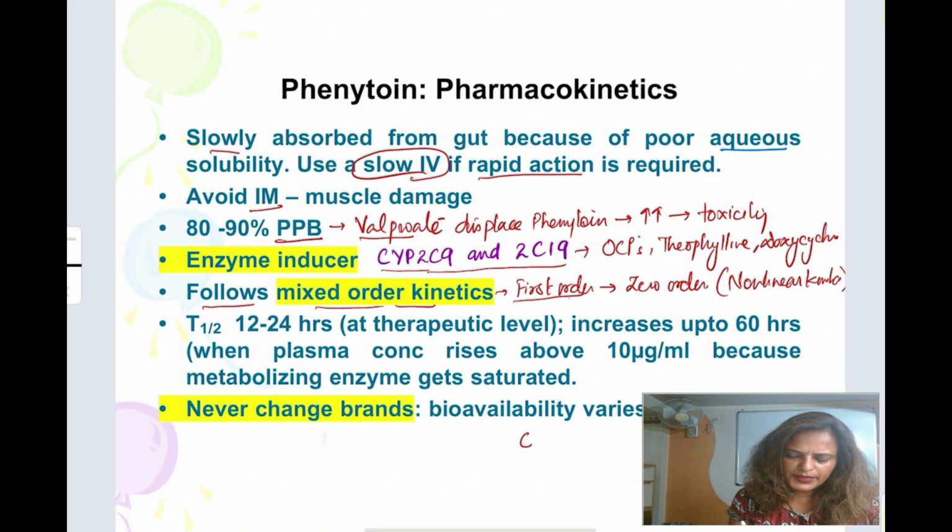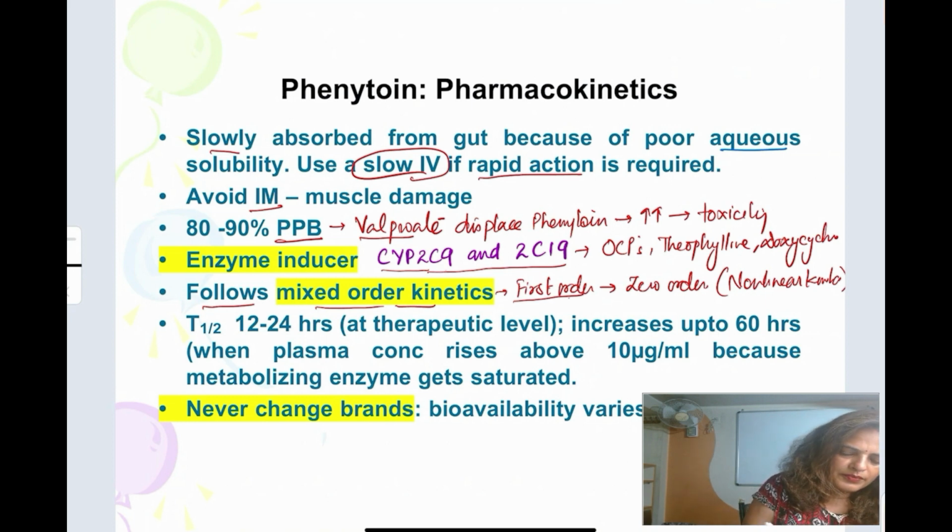Here, in brief, I will be telling clearance. It is dependent on rate of elimination divided by plasma concentration. Sorry, you cannot see here, I'll write it here on the top. So clearance is rate of elimination divided by plasma concentration.